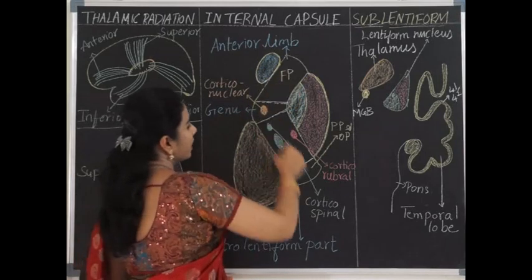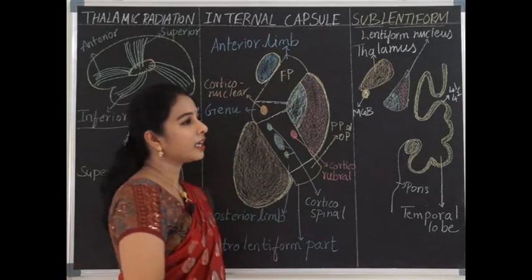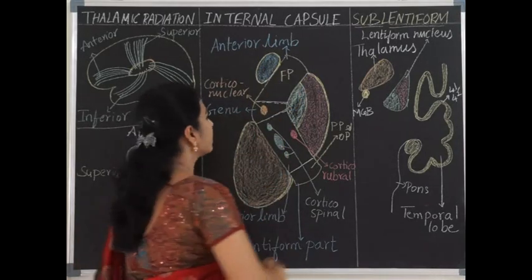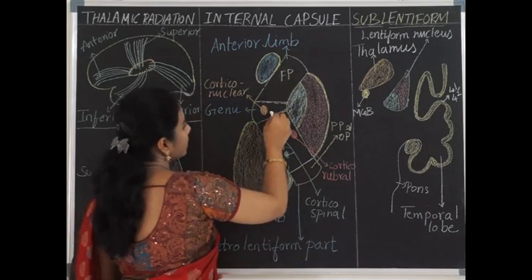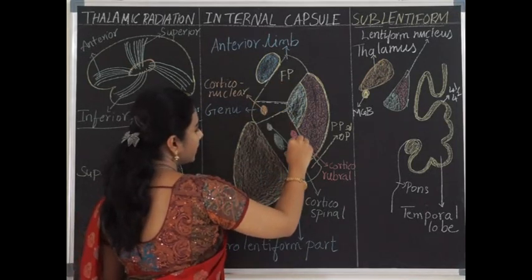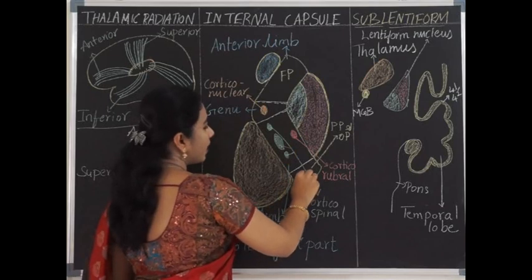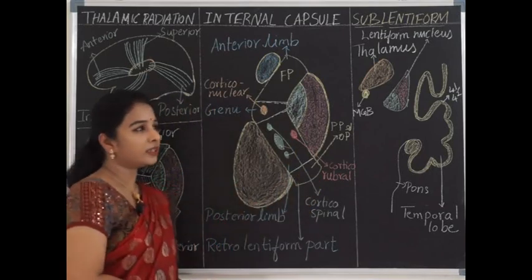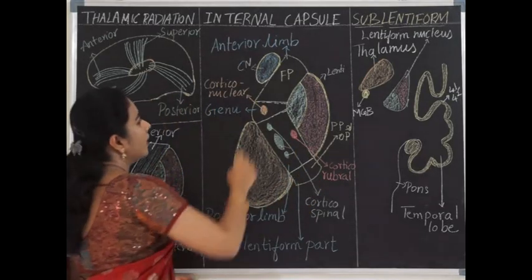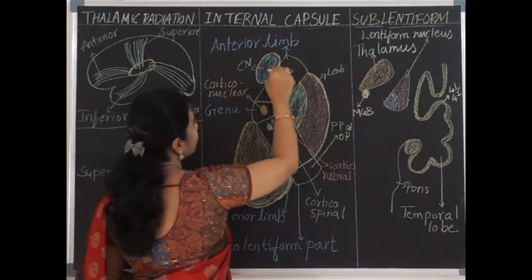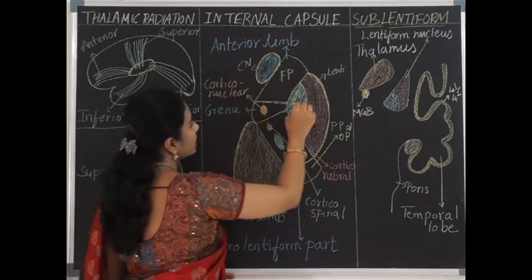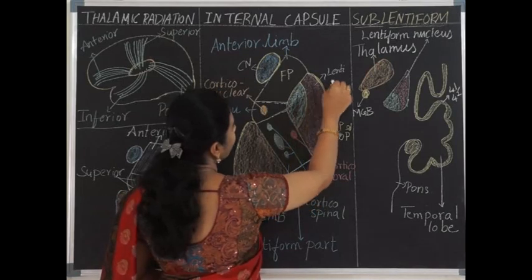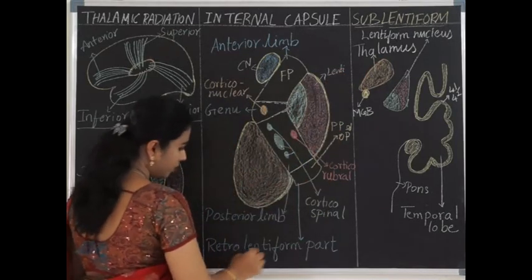Because of its shape, we can divide the internal capsule into 5 parts: anterior limb, genu, posterior limb, retrolentiform part and sublentiform part. First, the anterior limb is present between the head of the caudate nucleus and the anterior part of the lentiform nucleus.